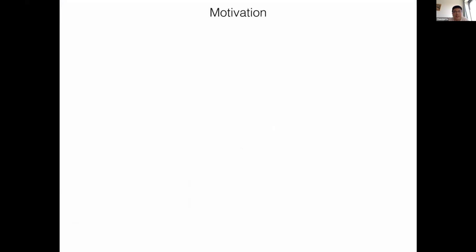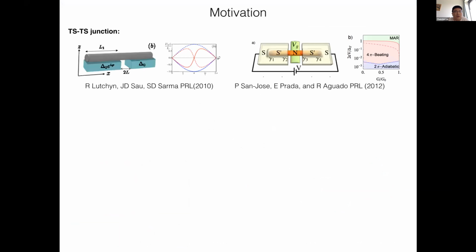First, for the motivation, although so far most of the experimental studies of topological superconductors and Majorana zero modes are focusing on normal-superconductor junctions and tunnel spectroscopy, there are also many proposals for Josephson junctions. For example, the 4-pi Josephson effect is predicted in junctions between two topological superconductors, among many other interesting phenomena.